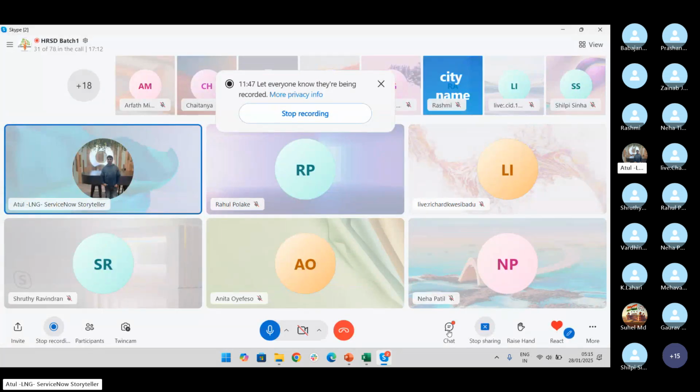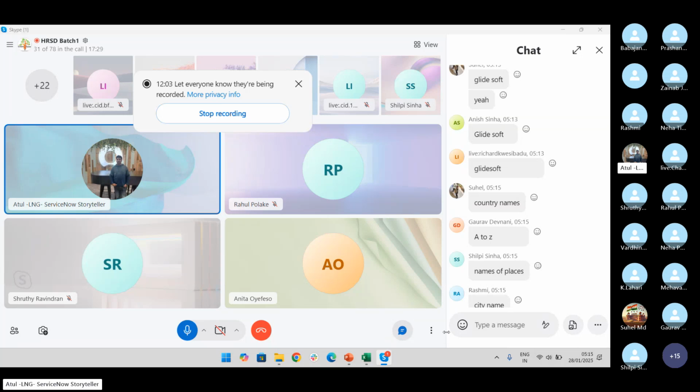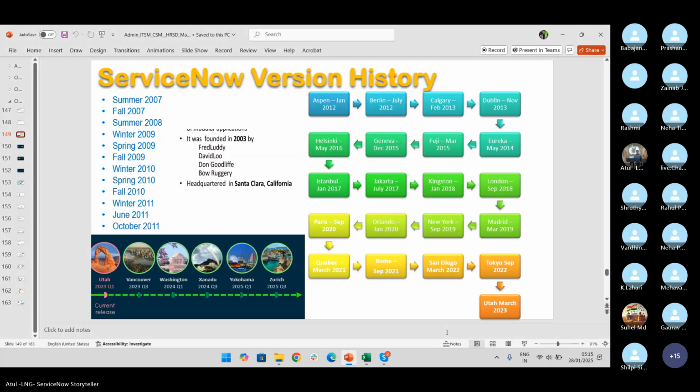Okay, city name. That I told, A to Z names of places. Places, Shilpi? Places is not quite right. It's a city's name. Not countries either. It's a city. We can say that's the right one. Okay. What else?